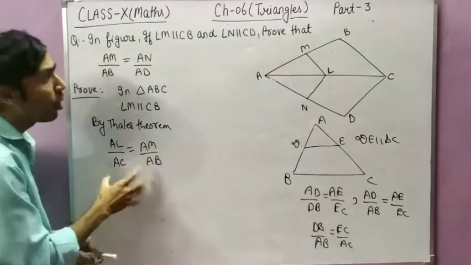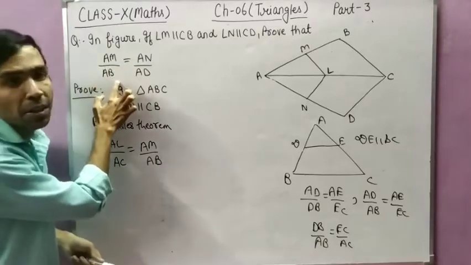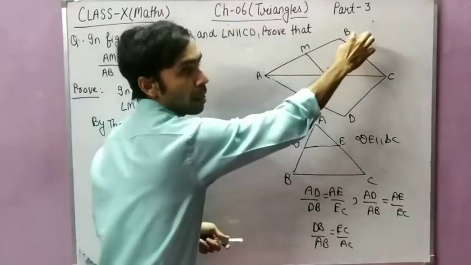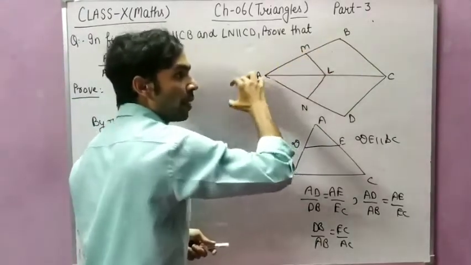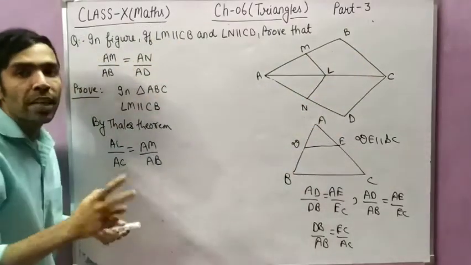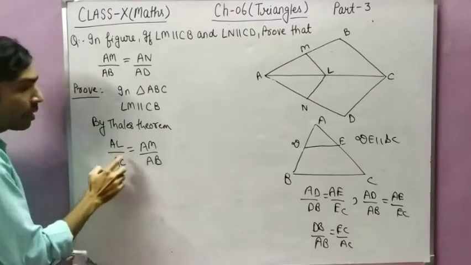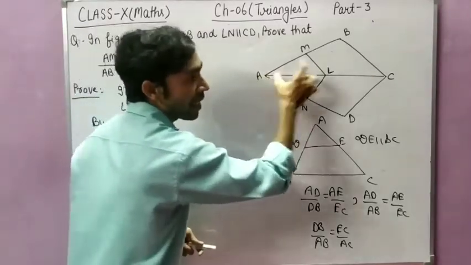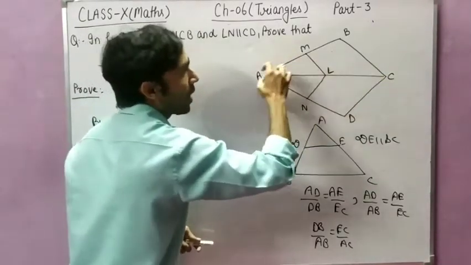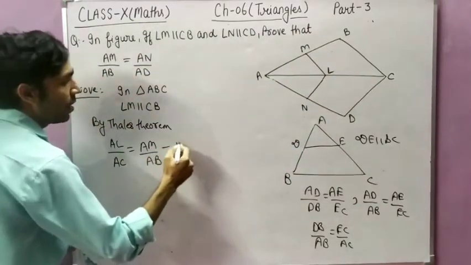I am using AL upon AC because AM upon AB is coming in the proof, the upper part divided by the full part. So we have to write it that way. By applying Thales theorem, AL by AC is equal to AM by AB. This is our equation number 1.